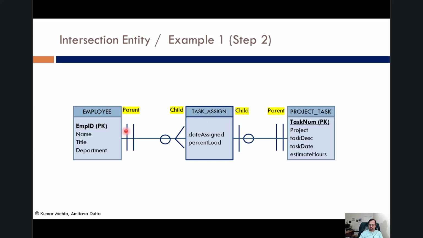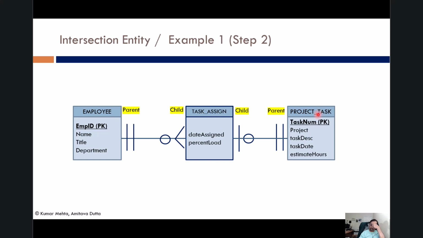The one is always the parent, and the many is always the child. Now, in this case, you have a one-to-one relationship. Typically in a one-to-one relationship you have a choice of calling one entity a parent and the other a child. In this case, you don't. Even though this is a one-to-one relationship, the intersection entity is always the child. So task assigned is the child, and project task is the parent.